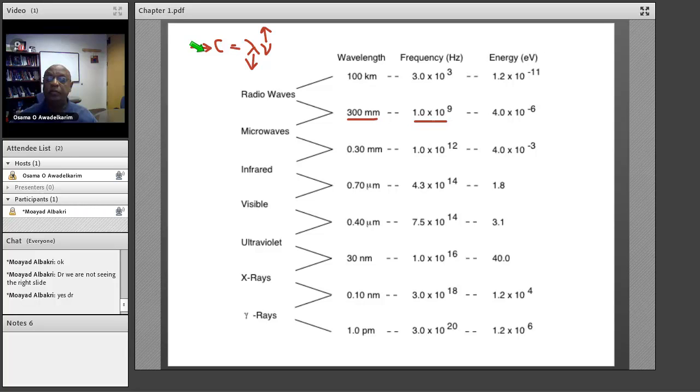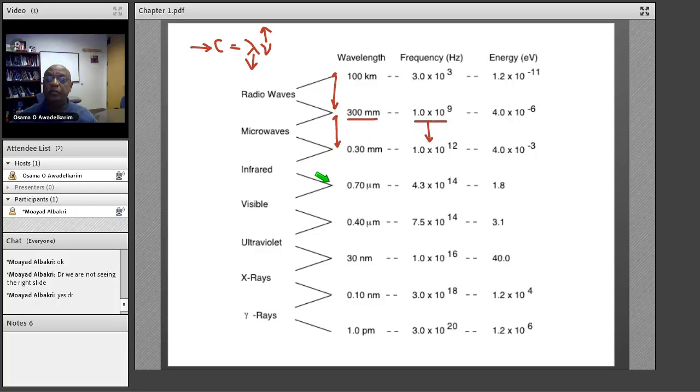So you have 300 millimeters for the microwaves down to 0.3 millimeters from radio waves. So microwaves, this is the range from 300 millimeter to 0.3 millimeter wavelengths, and frequency from 1 times 10 to 9 to 1 times 10 to 12.